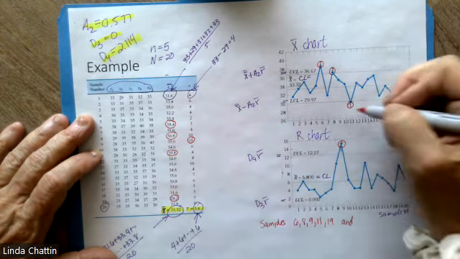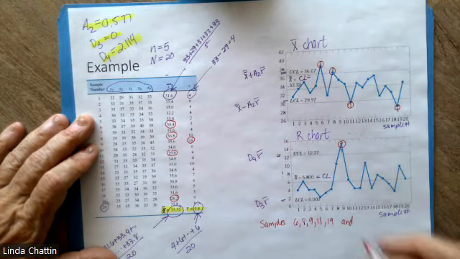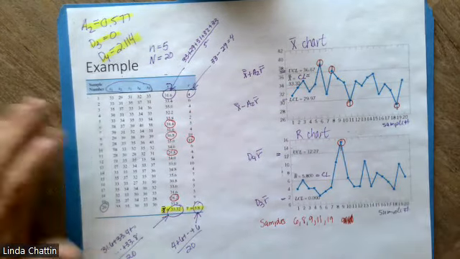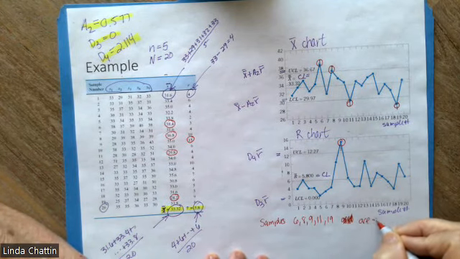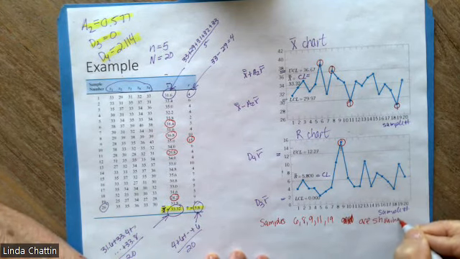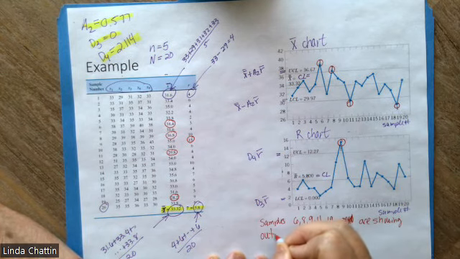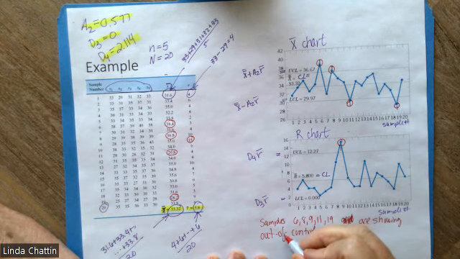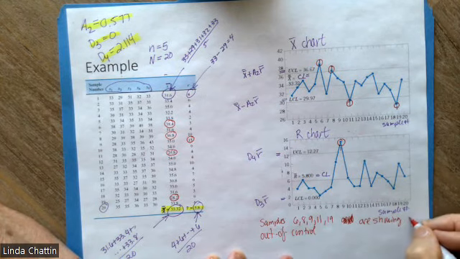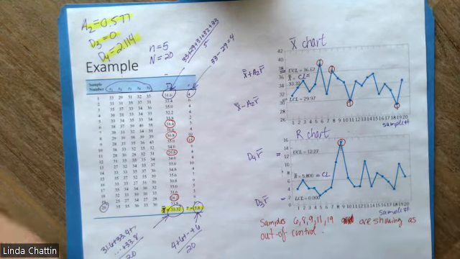That's it: 1, 2, 3, 4, 5. Sorry, I was going to try to differentiate between charts.